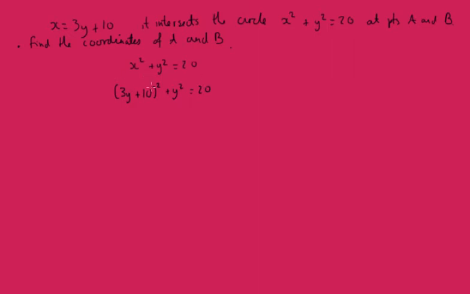Now we're going to expand that out. So let's just do that over here, just to keep track of everything. So we'll have 9y squared plus 30y and another 30y, so it's going to become 60y plus 100.